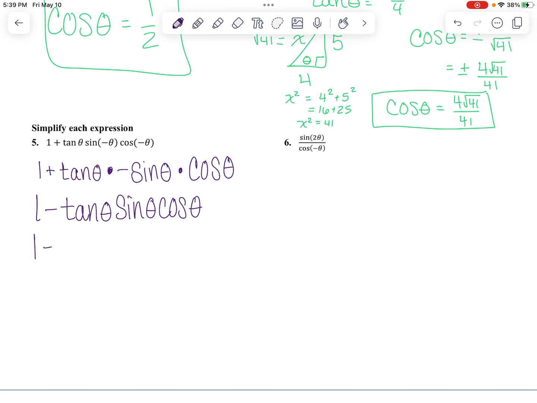Okay, so other red flags: multiplied reciprocals, nope. Squared trig, nope. Algebra, nope. Factoring, nope. Adding fractions, nope. When in doubt, change everything to sines and cosines.